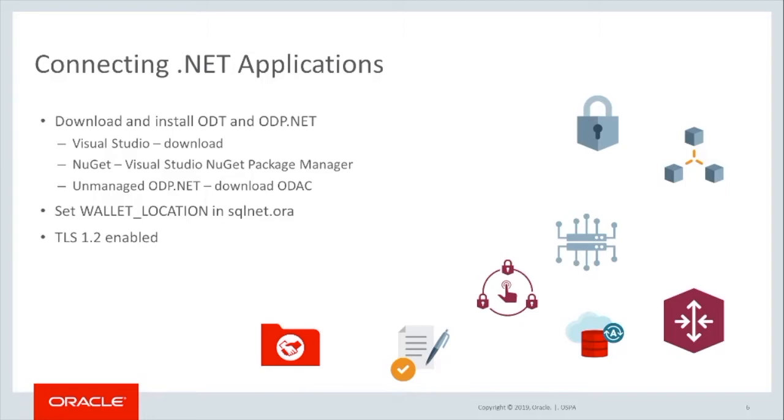If you're using unmanaged ODP.NET, or the Oracle Universal Installer version of Oracle Data Access Components, then you will need to download the appropriate ODAC files instead of the ODT files. Once the appropriate files have been installed, then you will need to set the wallet_location in the sqlnet.ora to point to where you extracted the wallet file. Depending on the version of Windows, you may need to enable TLS 1.2.